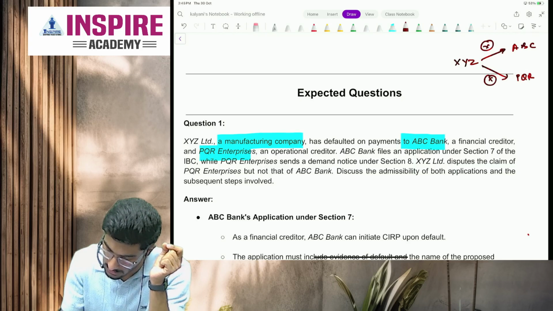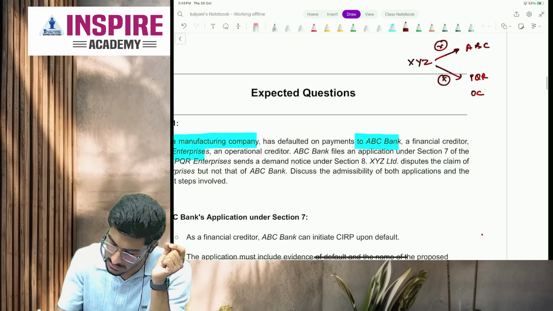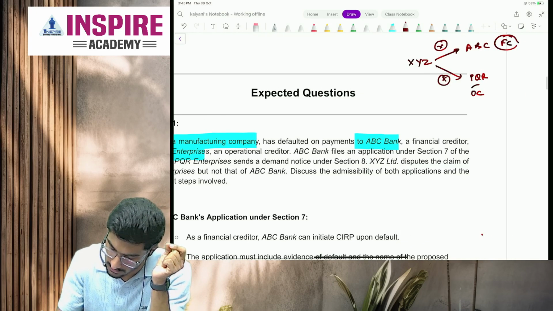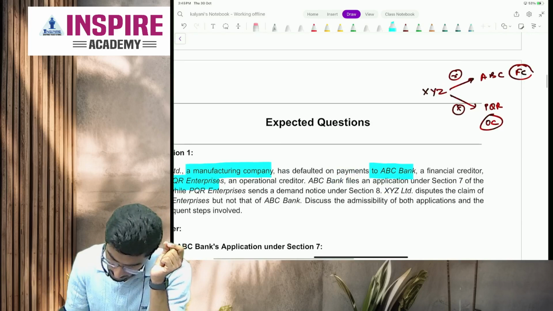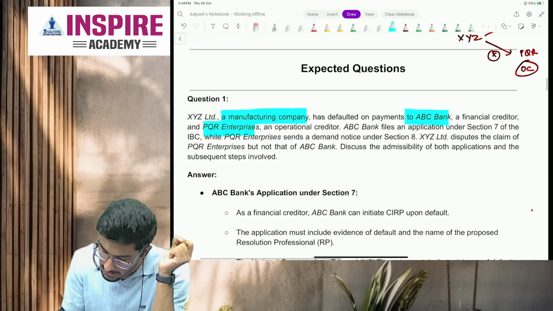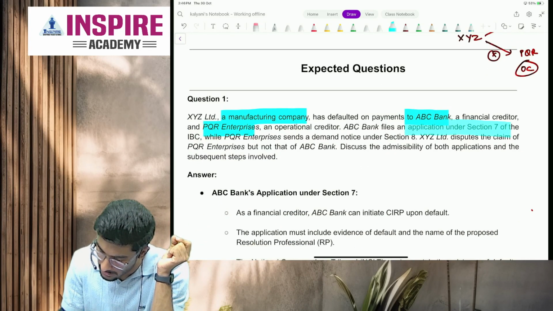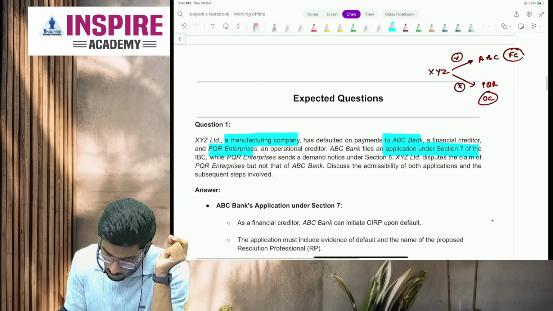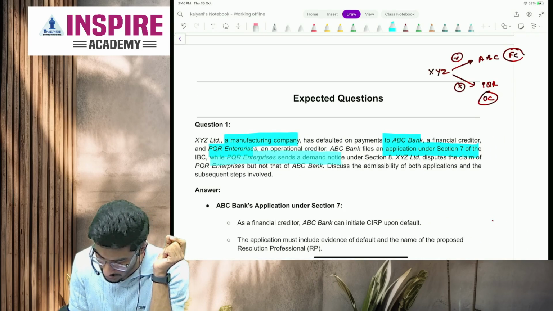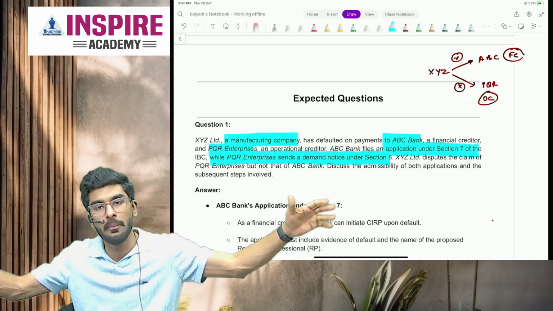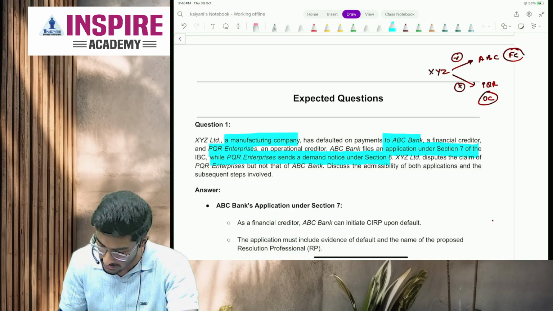PQR is the OC, this is the FC. ABC Bank files an application under Section 7 of IBC, while PQR Enterprises sends a demand notice under Section 8. Both of them did their duties.